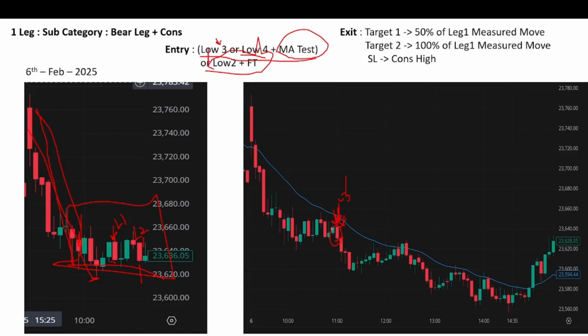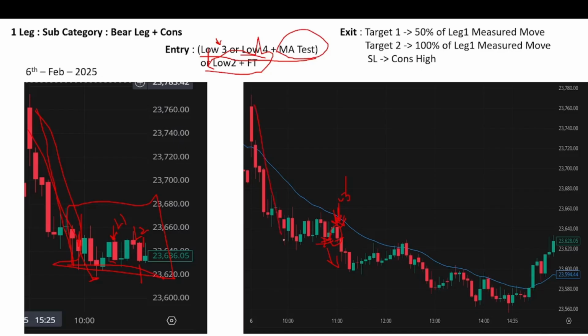In some cases, the low 2 itself will give you this continuation trade, and you won't have the opportunity to enter on the low 3. In that case, when the low 2 gets the follow through bar, you can enter there, and the target will be 50% of the leg 1 move.